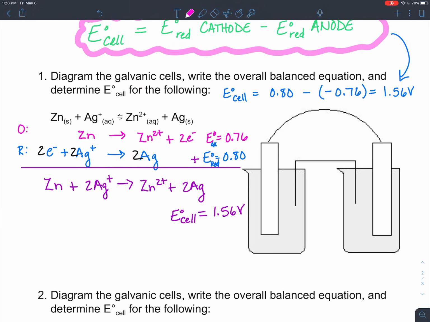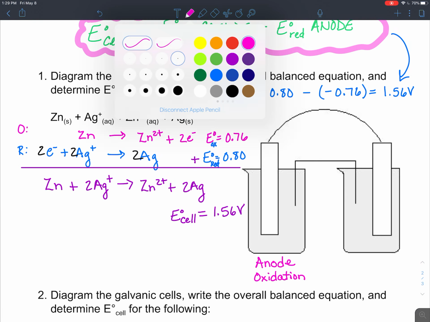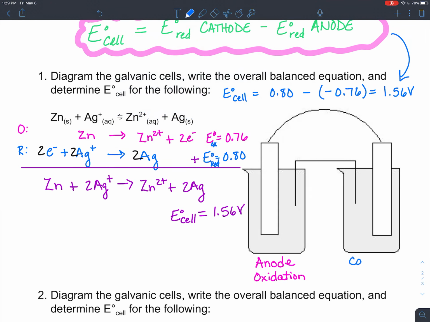So when we do that, this is the anode, so this is our oxidation half reaction, which means the other side is going to be our cathode, which is going to be our reduction. I don't generally tend to write them this way, but if you were asked to evaluate one, don't just assume that the left is the anode and the right is the cathode. You need to actually take a look at what you have there.